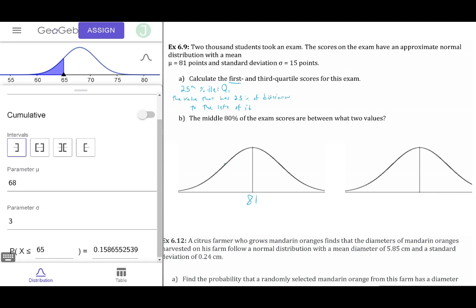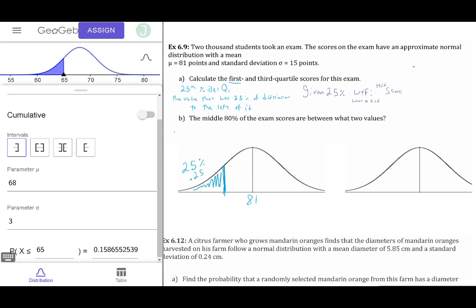So in this normal distribution, there is some value, maybe about here, that has 25% of the graph to its left. So in terms of proportion, it would be 0.25 of the graph to the left of it. So for this one, we are given 25%, and we want to find the test score.